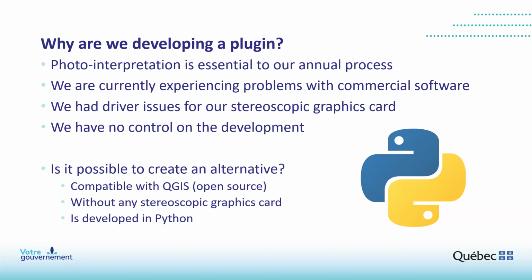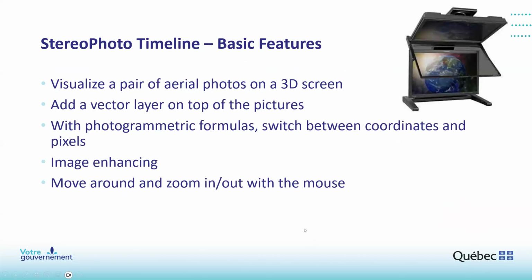The other issue we want to eliminate is the stereo graphics card. So can we visualize in 3D without a stereo graphics card? The plugin will be developed in Python because that's the language required to make a plugin in QGIS.